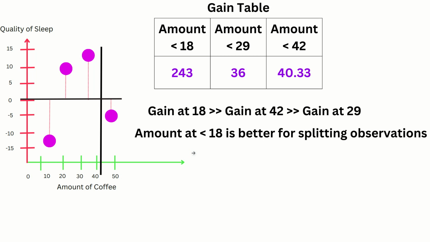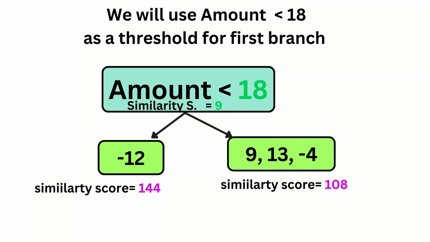So we can conclude that amount less than 18 is better for splitting observations. Since we have obtained the highest gain at the threshold level of 18, we will use this value to split the residuals in the first branch of the tree.